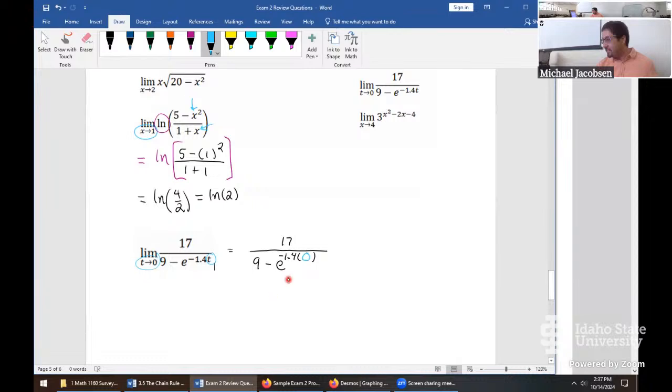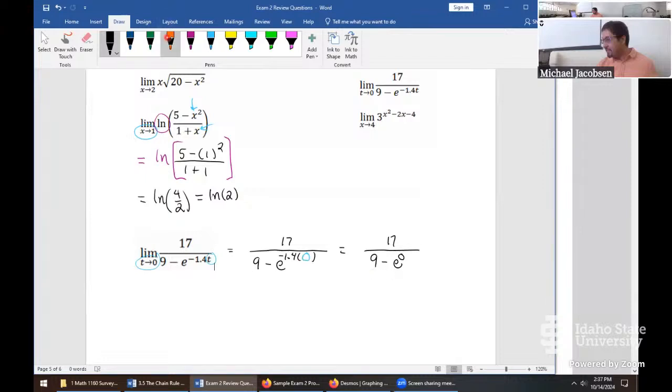Now over here in this location, a little bit more algebra than I'd say on the problem that I did right up here. This one becomes 17 divided by 9 minus e to the power of 0 altogether, because the exponent is negative 1.4 times 0.